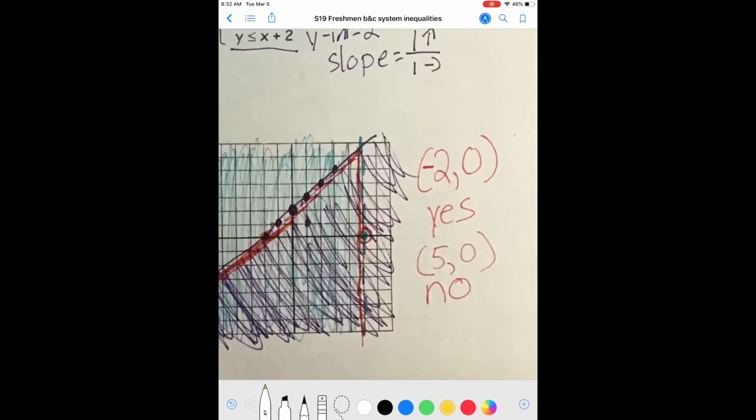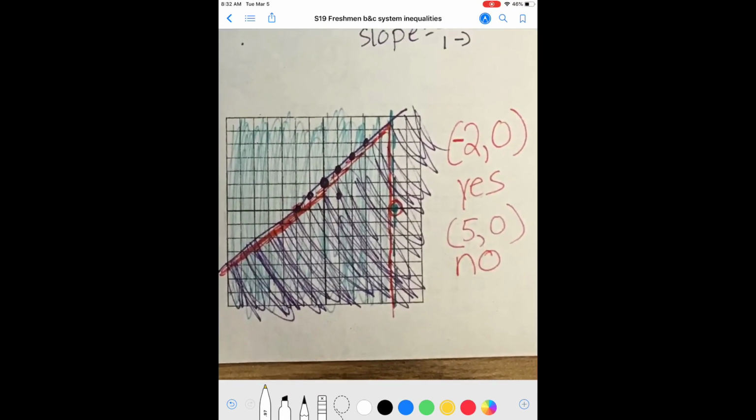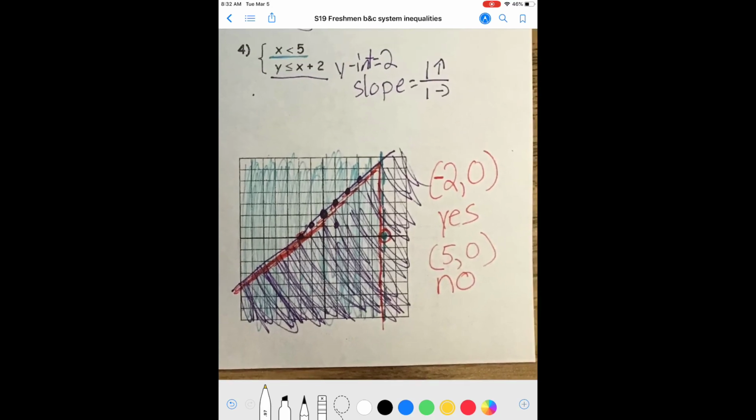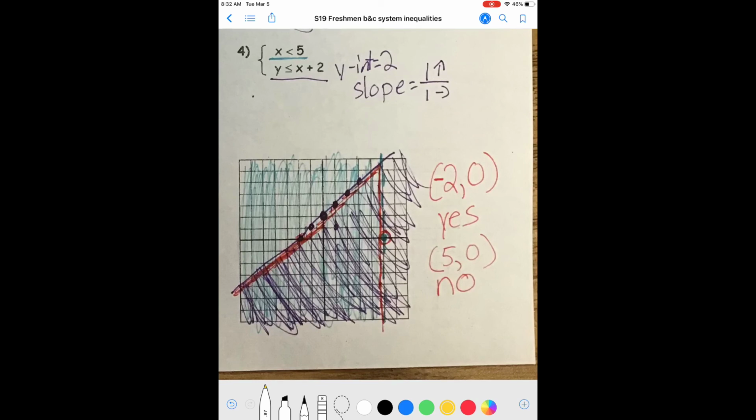I also wanted to take time to look at possible solutions within that overlapping region that we did for number 4. So if we took -2, 0, starting at the origin, going over to -2, which is right there, it is on a solid line, which is from the second inequality.